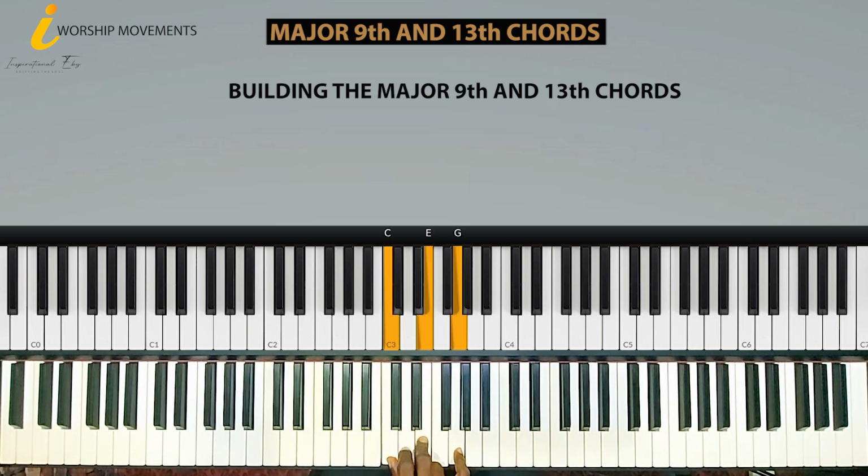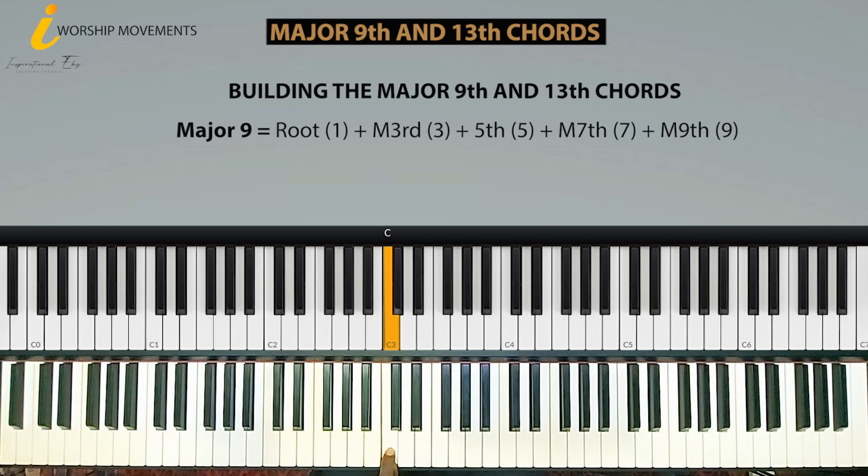We start with the root, the major third, and the perfect fifth. These are the intervals that make up the major triad.